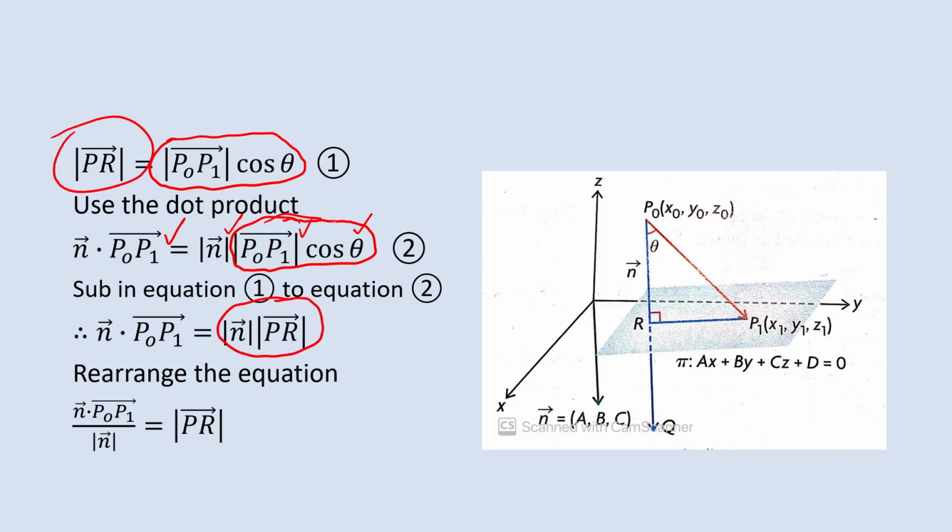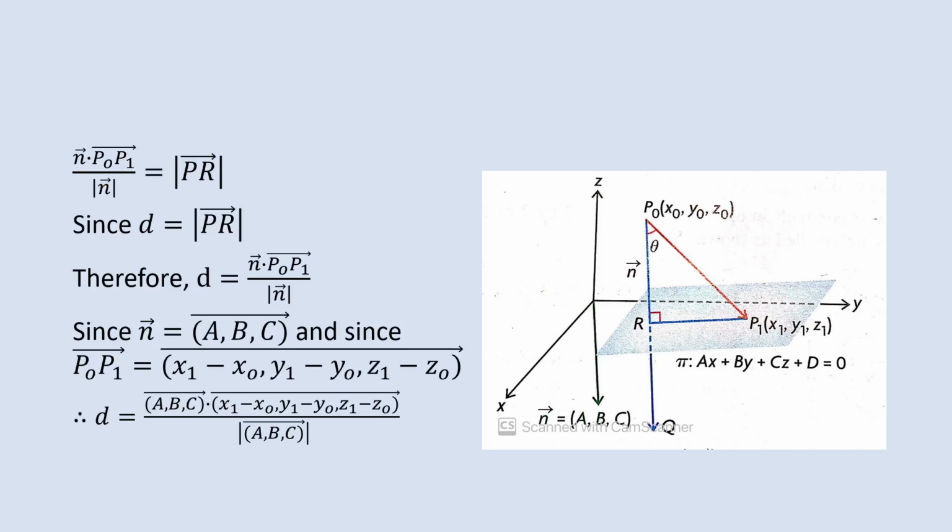We're just literally replacing this magnitude of P naught P1 cos theta with magnitude of P naught R. And then we're going to divide both sides by the magnitude of n, and we're going to get this equation here. Now keep in mind what the magnitude of P naught R actually is. It's the distance that we're looking for.